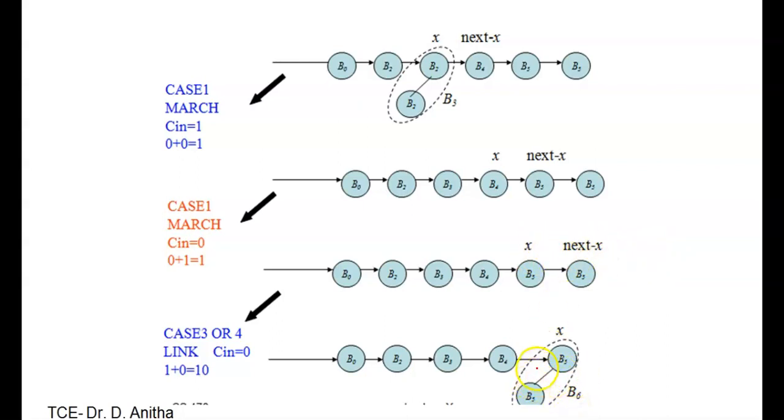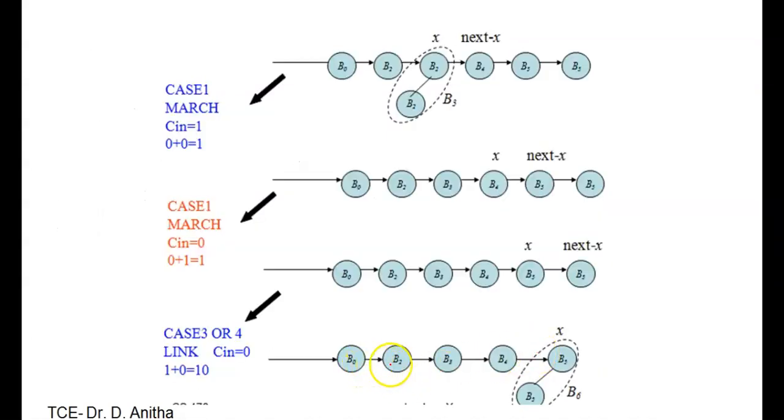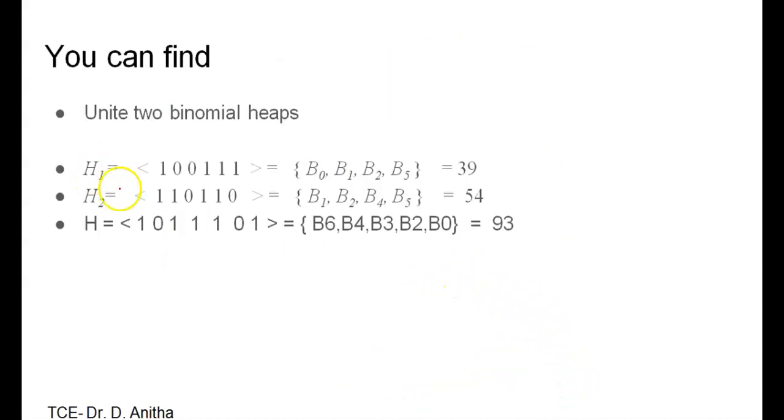So in the combined version I have B0, B2, B3, B4 and B6. See, I have B0, B2, B3, B4 and B6. So I have just put those and I am trying to get the decimal value of this.